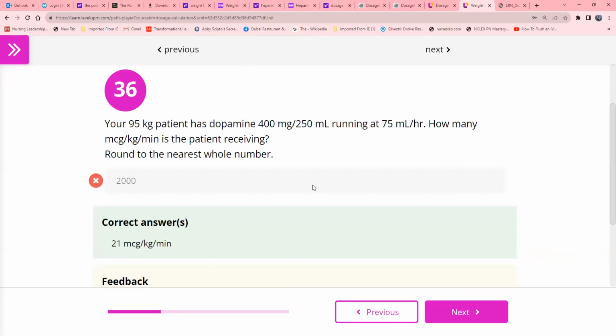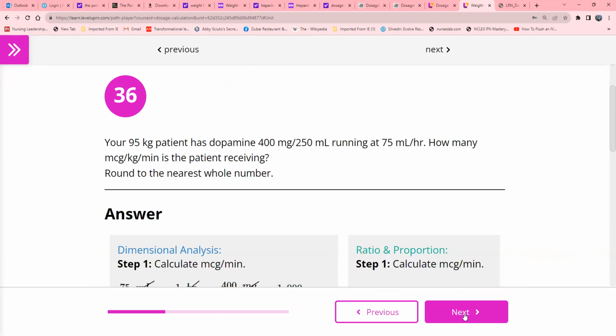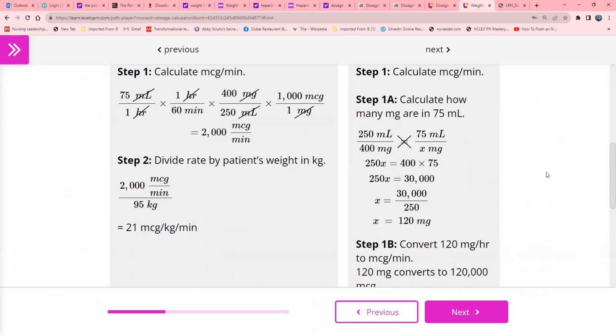They just rounded it to 21. Let's see if they give us another one. And that's their math there.